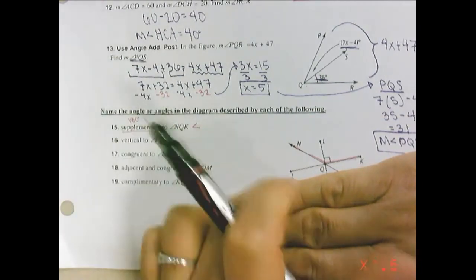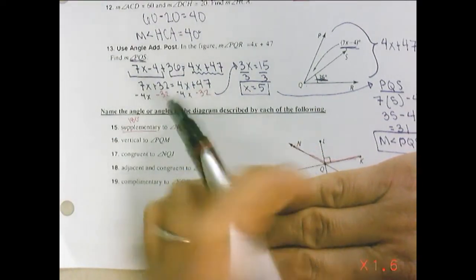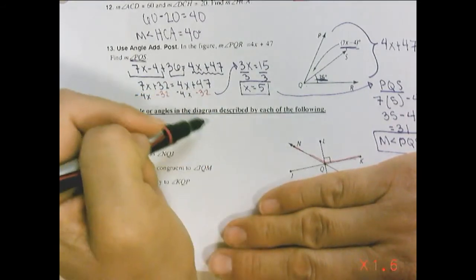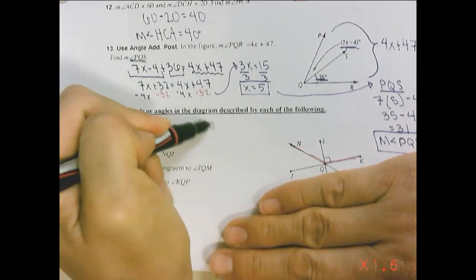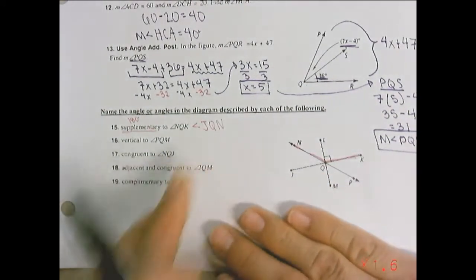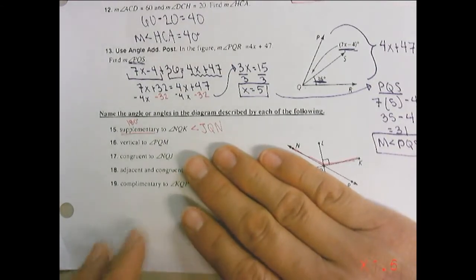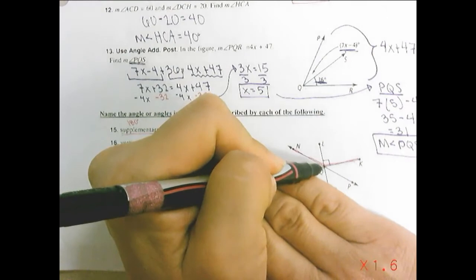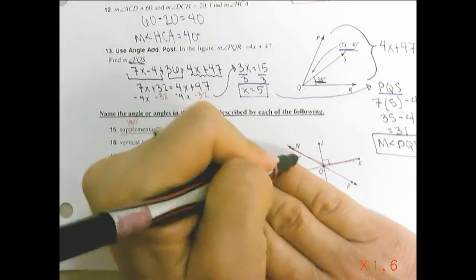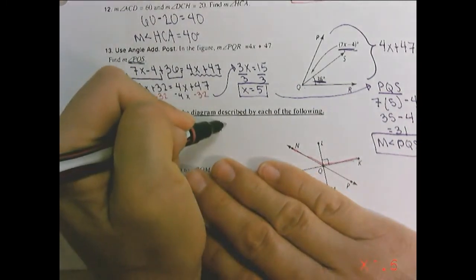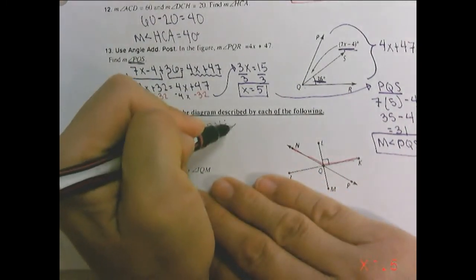So I'm going to say the angle JQN, which would be this angle right here, is supplementary because it forms a straight line. I could also say, if I move my hand this way, that this angle, angle KQP, is supplementary because it will also form a straight line with angle NQK.